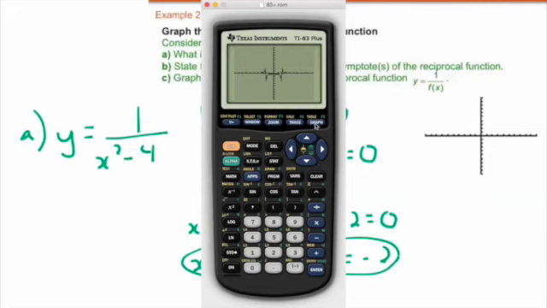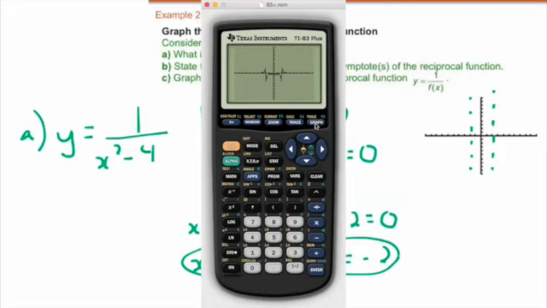Looks a little bit like the Batman symbol. But again, that's just a limitation of the calculator. We know we've got two asymptotes, one at negative 2, one at positive 2. And because of the shape and the spacing of this graph, you need to be a little bit careful where you're drawing things.